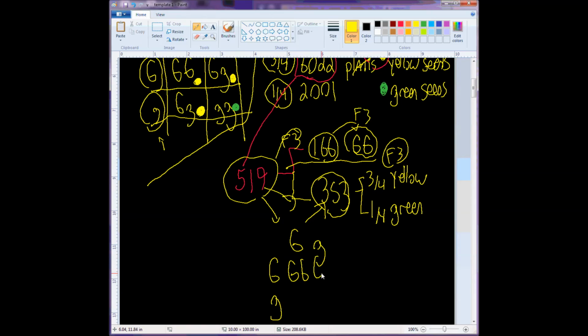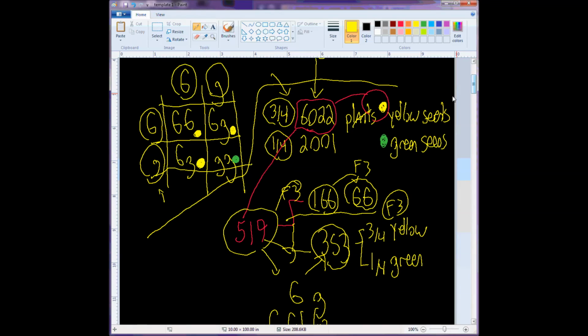You end up with a 3-to-1 ratio of yellow to green. So if this is true, and they took these 519 from the 6,022 at random, then we should see about 1/3 of these homozygous for big G, and 2/3 heterozygous.